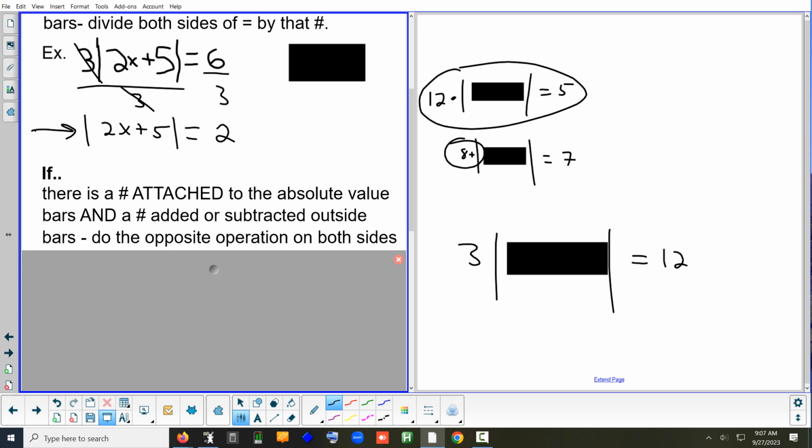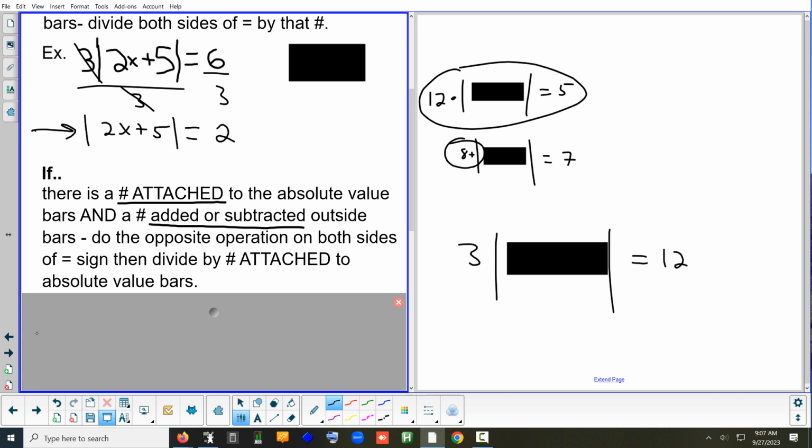If there is a number attached, that's what we just dealt with, and there is also a number that's added or subtracted, we're going to have to do the opposite operation on both sides. So if you have a plus 3, you're going to have to do a minus 3. If you see a plus 8, you're going to have to do a minus 8. You're going to do the opposite operation on both sides.